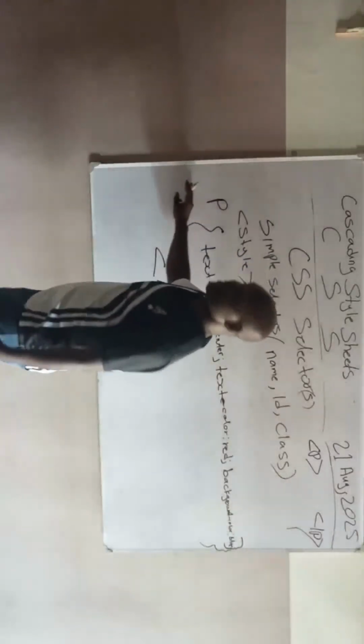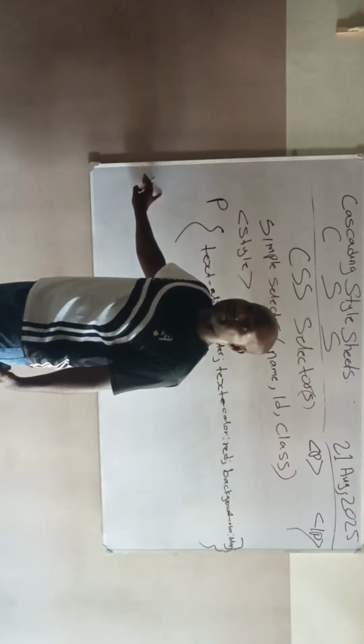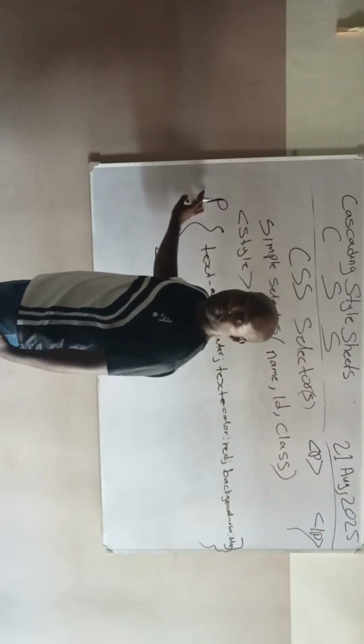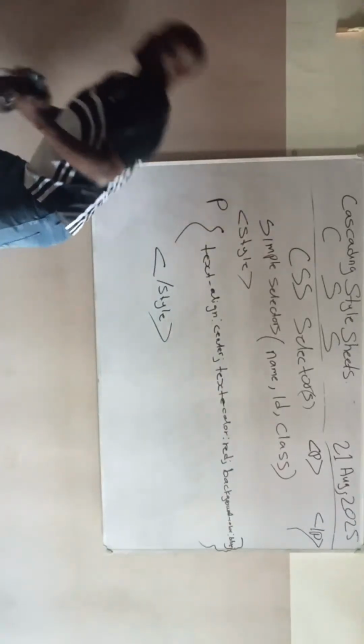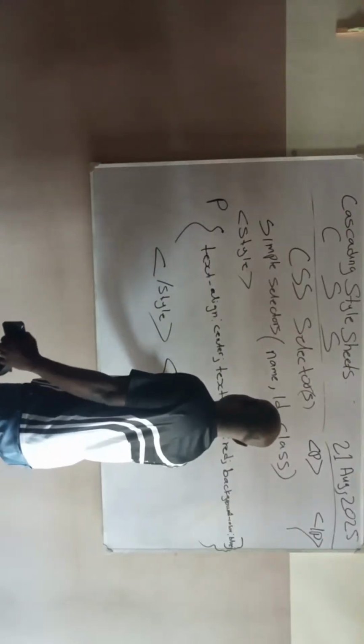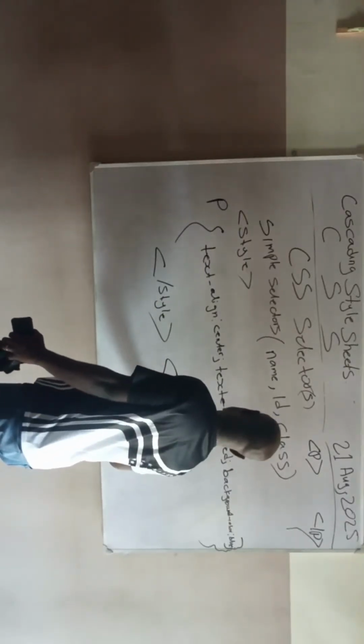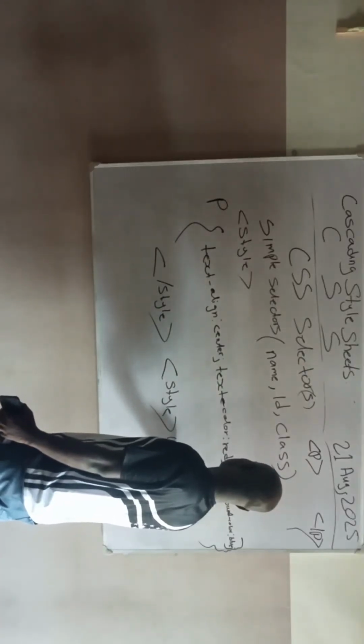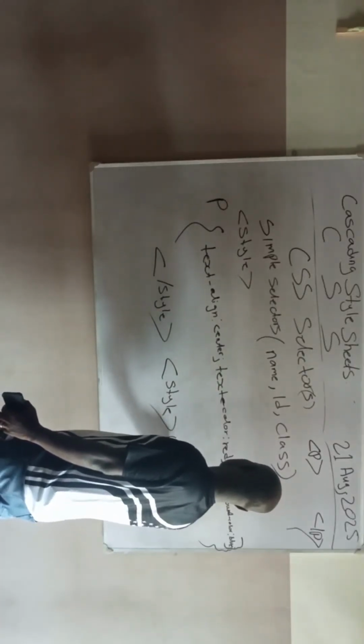I can put as many names that I want. I have P. I can still put others. I can still close this one and open another one again, style. I'll use UL.